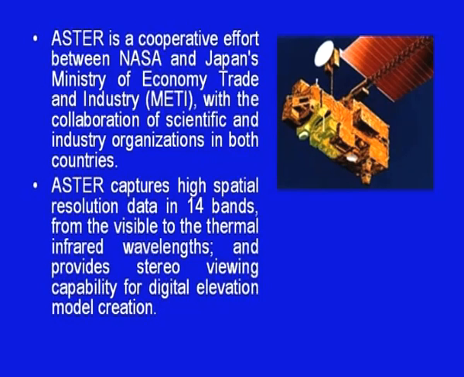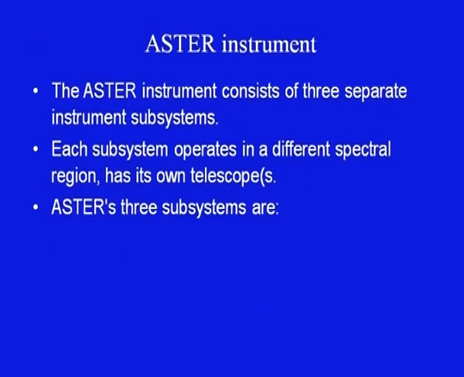ASTER captures high spatial resolution data in 14 bands from the visible to the thermal infrared wavelengths and provides stereo viewing capabilities for digital elevation model creation. The ASTER instrument consists of 3 separate instrument subsystems. Each subsystem operates in a different spectral region and has its own telescope.